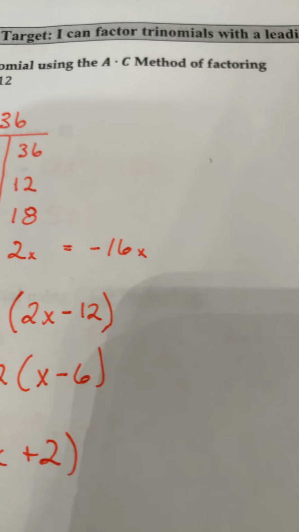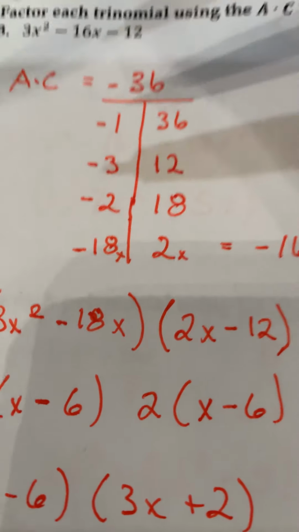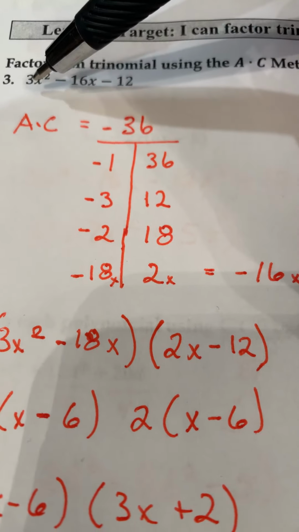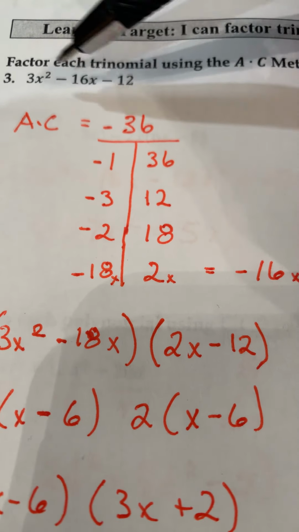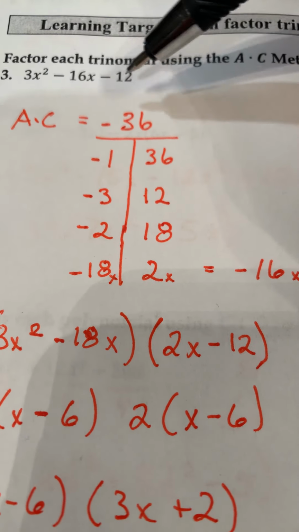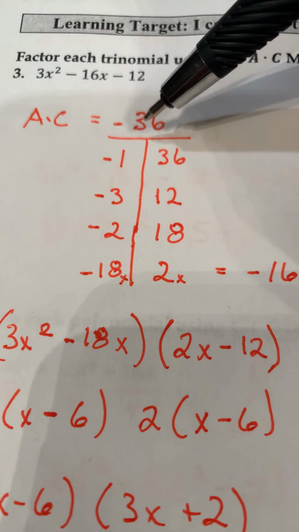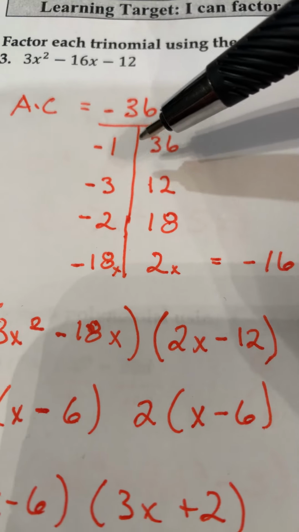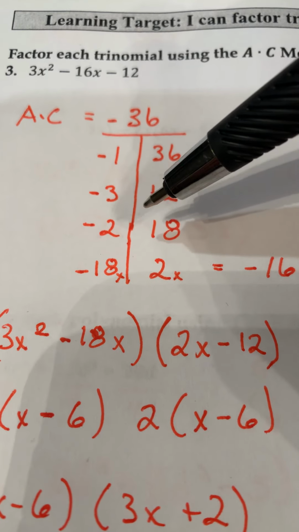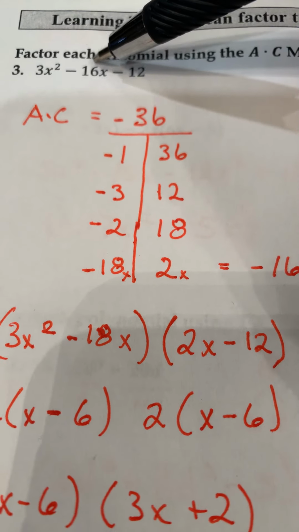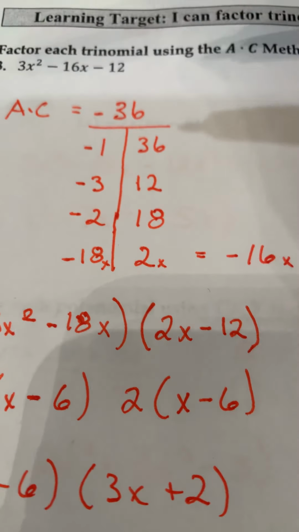Now, using the AC method, we start with multiplying A and C, which is 3 and negative 12. So that gives us negative 36. And then we factor out, trying to get two numbers which will equal a negative 16.